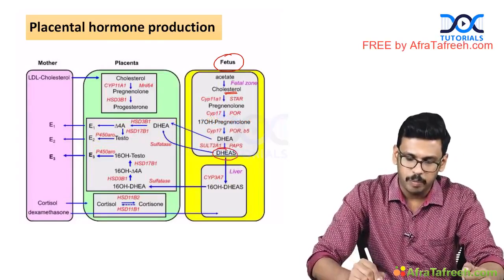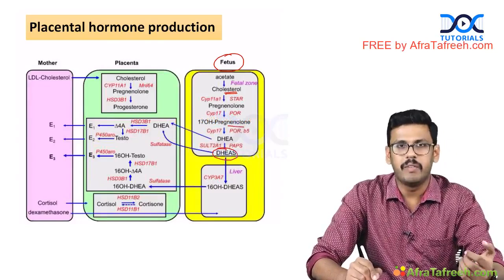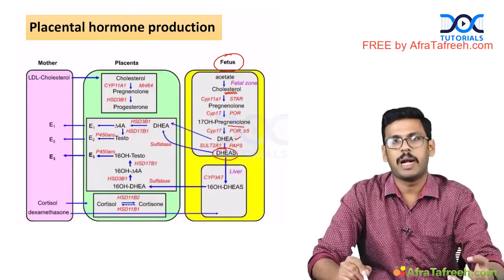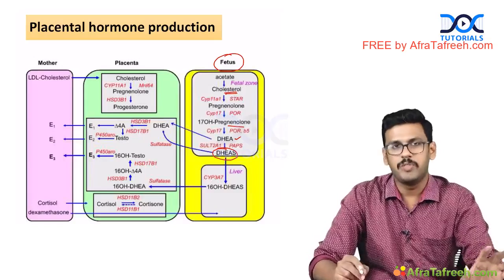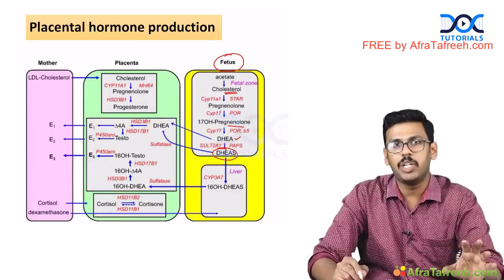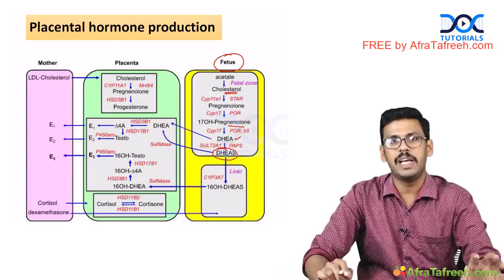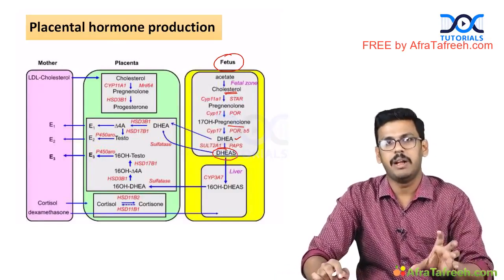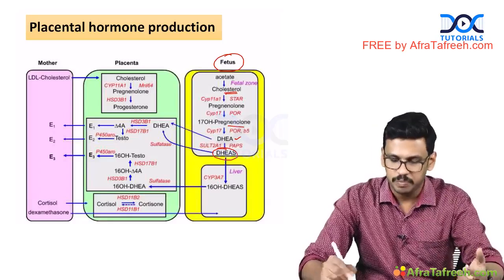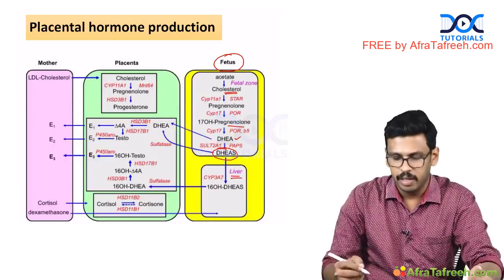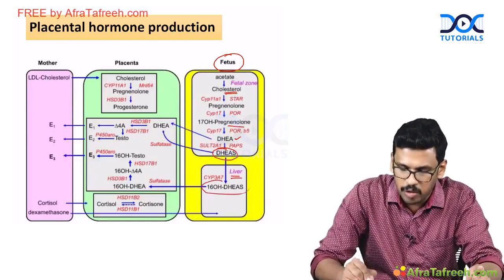The 17-hydroxypregnenolone will be acted upon by the 17,20-lyase to form DHEA, and it will be acted upon by sulfotransferase to produce DHEAS. So as we know, DHEAS is the major adrenal hormone present in fetal circulation, and this DHEAS is released into the circulation and reaches the fetal liver. In the fetal liver, it is converted to 16-hydroxy-DHEAS.